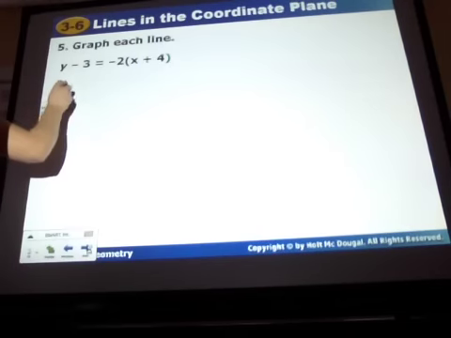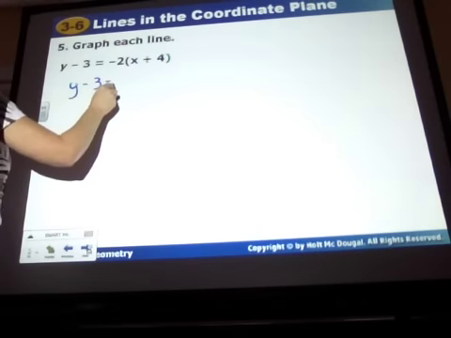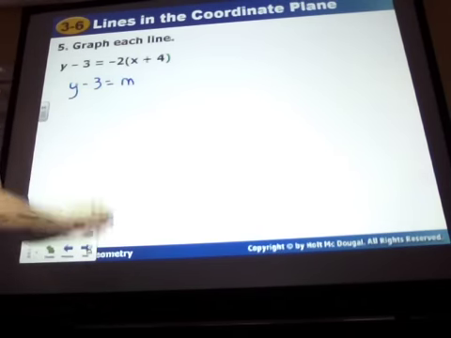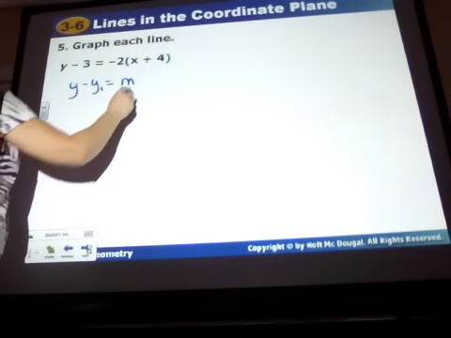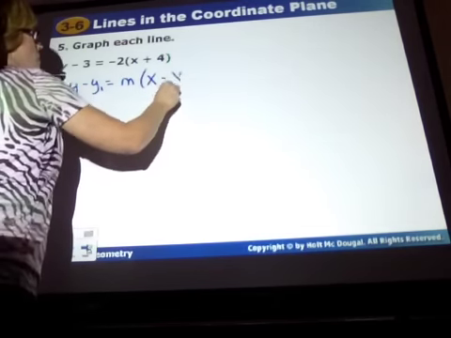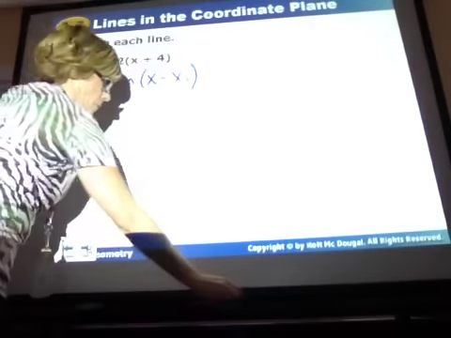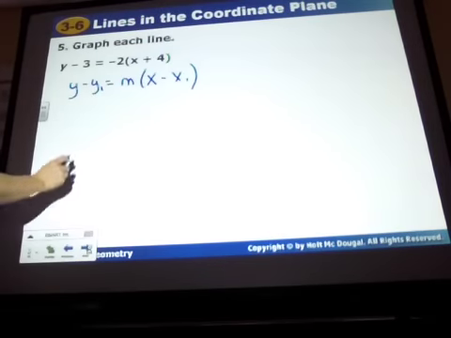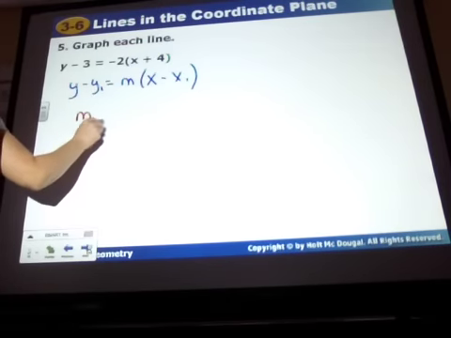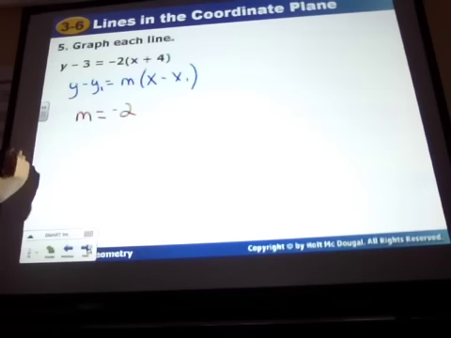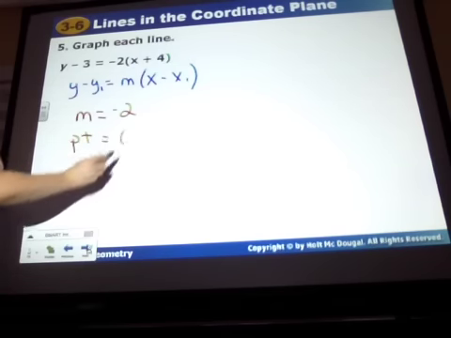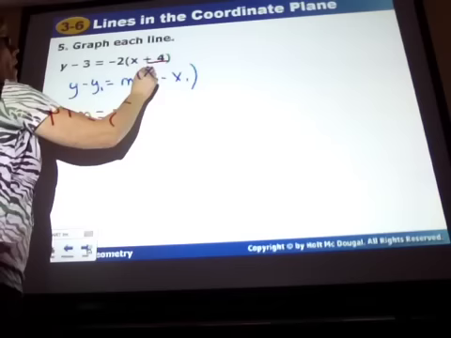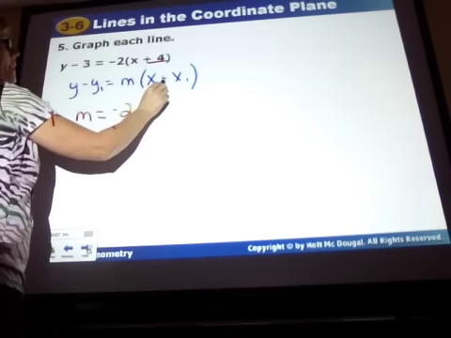Now we've got to graph a line in point-slope form. Okay, so what's given here is my slope is -2, and my point, well, my x-coordinate is +4, but this says negative.